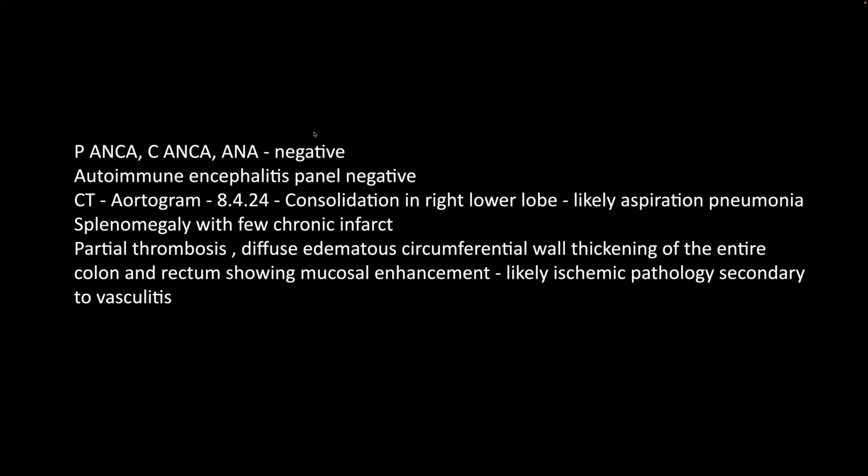The initial pain abdomen and later the abdominal distension forced them to think in line of systemic vasculitis, and for that a CT aortogram was done, which showed partial thrombus and diffuse edematous circumferential wall thickening of the colon and rectum. Maybe IBD or infective colitis was another suspicion they had.